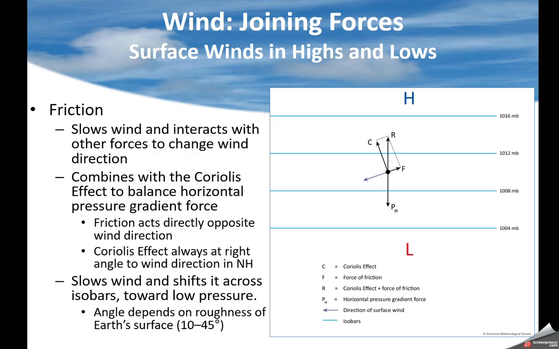So now that object is moving to the right, and we wind up with winds blowing toward lower pressure at an angle and away from high pressure. So there are three forces here: the pressure gradient, the Coriolis, and friction. Friction slows the wind, so the Coriolis effect is not as great, allowing this to occur.